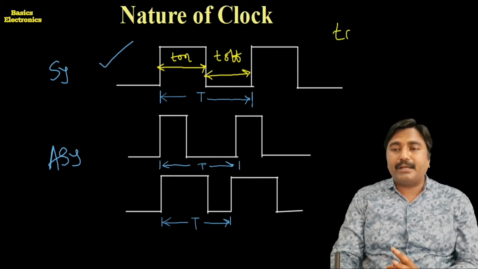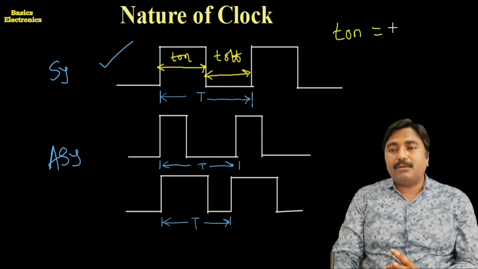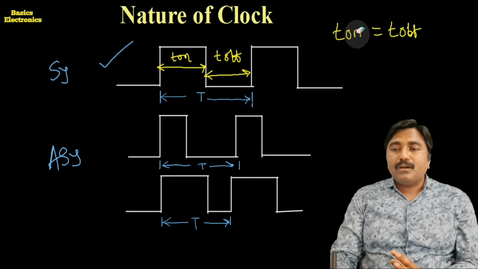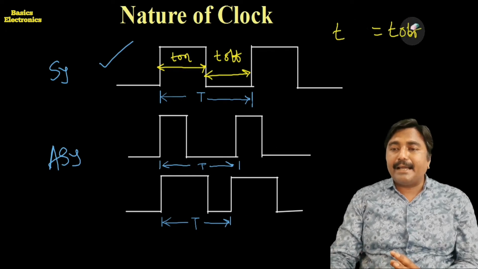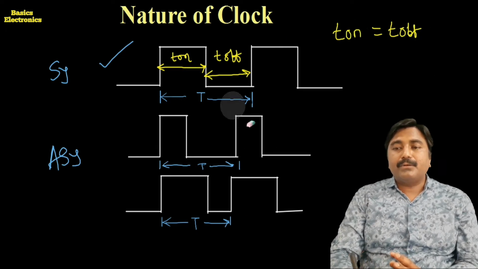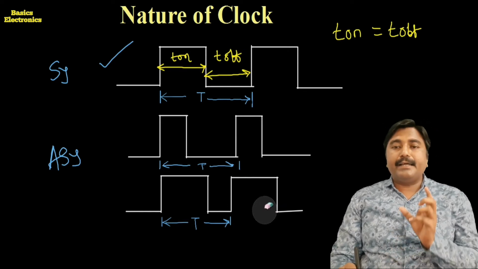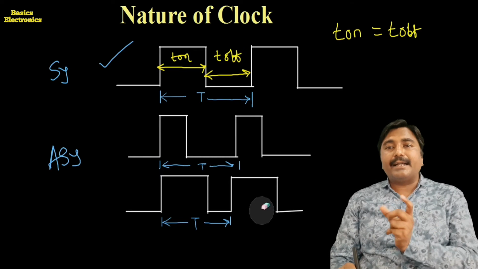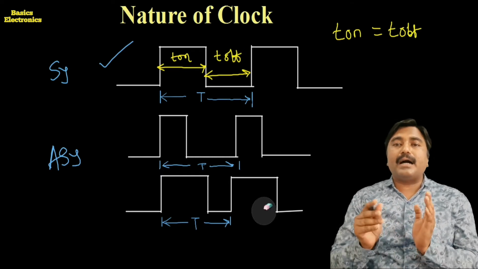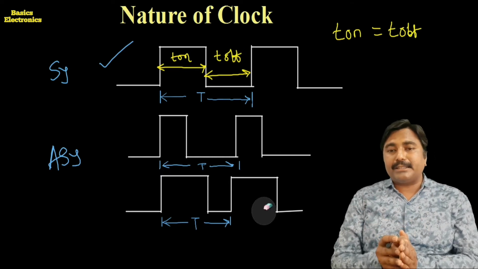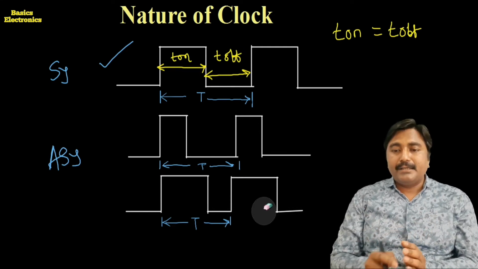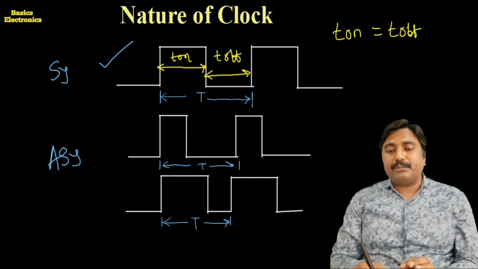I am going to write down here T on equals T off, or we can say T high equals T low, meaning the high time period equals the low time period. The on time and off time, the high time and the low time of the clock are the same. That clock pulse we call a symmetrical clock pulse.